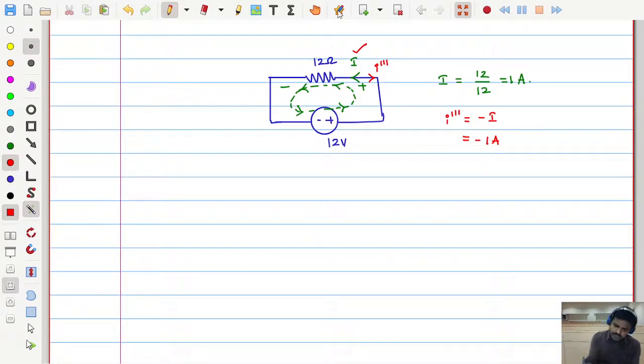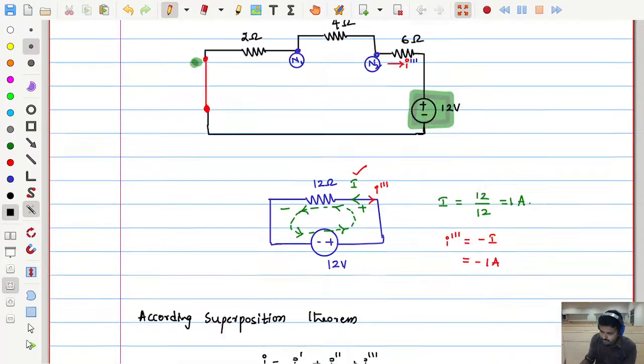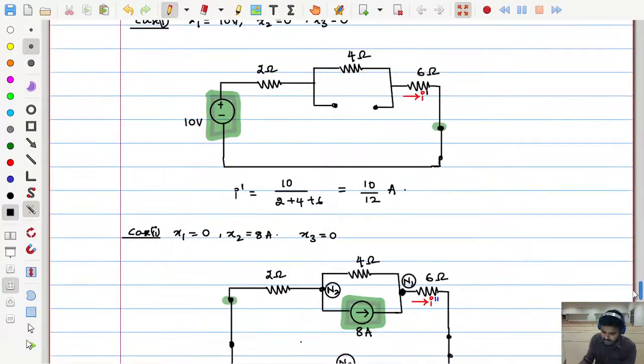Now according to the superposition theorem, this current I is equal to the sum of the individual responses. When X1 is connected, the output is I dash; when X2 is connected, the output is I double dash; when X3 is connected, the output is I triple dash. I dash we got in case 1 as 10 by 12.